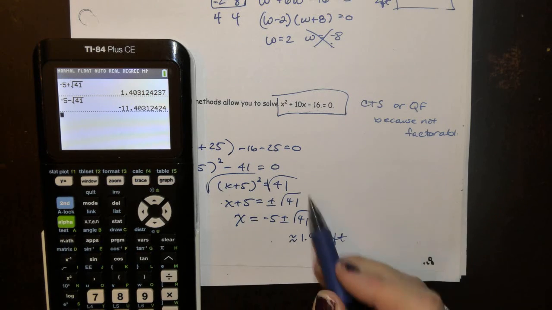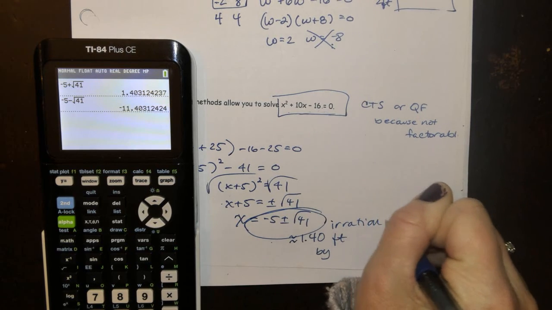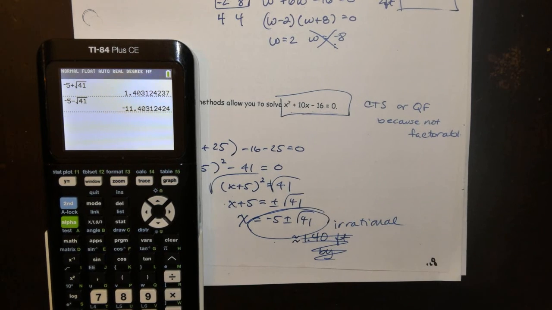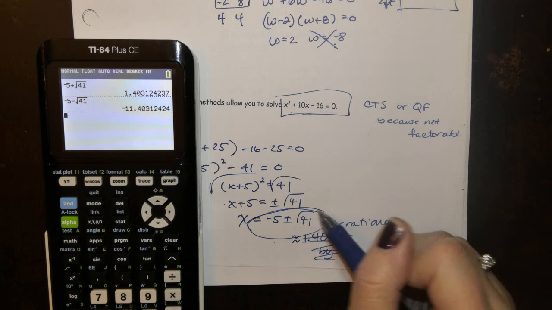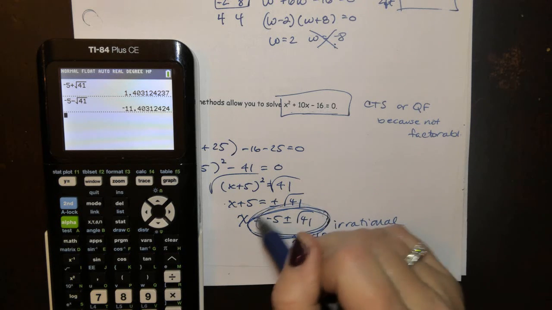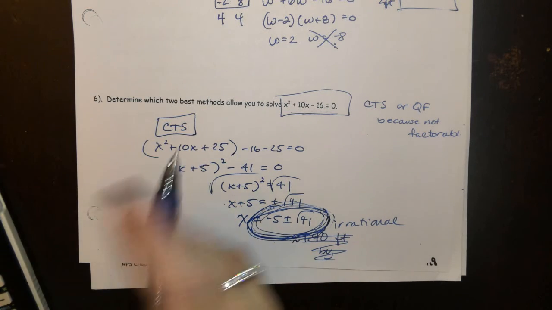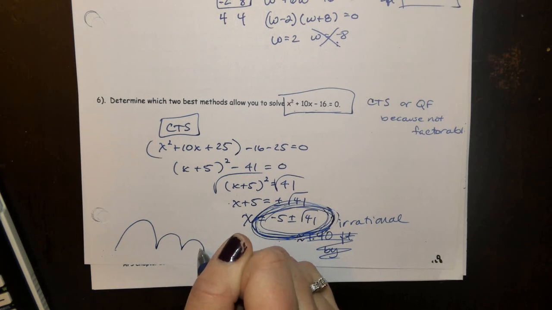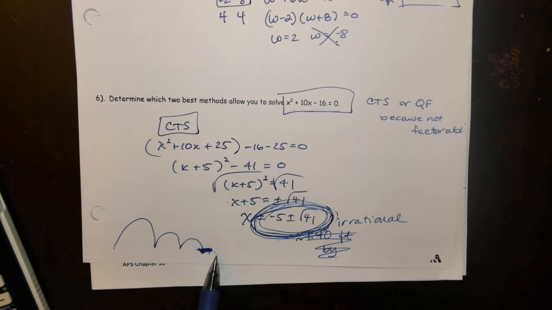But when they're irrational, remember that word? Irrational. They're going to be ugly decimals that are non-repeating, non-terminating. Most things you make in real life, like the dimensions of a garden, are going to be rational. Now, if a ball is bouncing and you're trying to determine the height or when it lands, that's most likely going to be irrational.